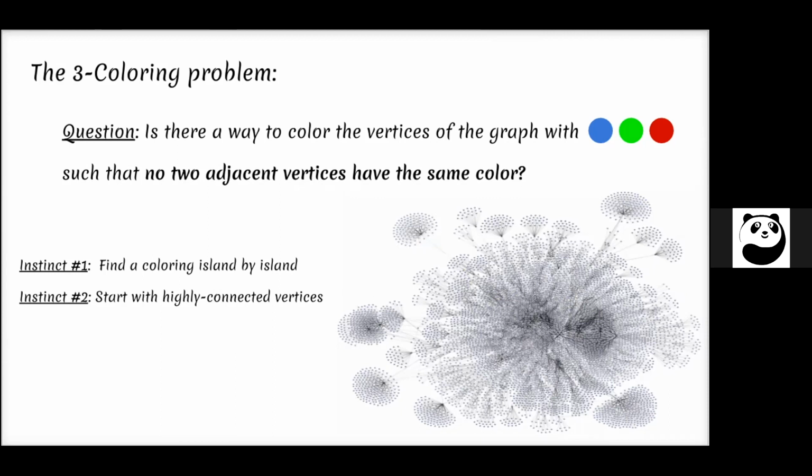This actually does pretty well in finding approximate solutions in practice. But again, if you insist on finding a coloring of all vertices, you're not satisfied with 99% coloring, there is, once again, no guarantee. You may get stuck at the very, very end and have to roll back what you have done and try a different path.